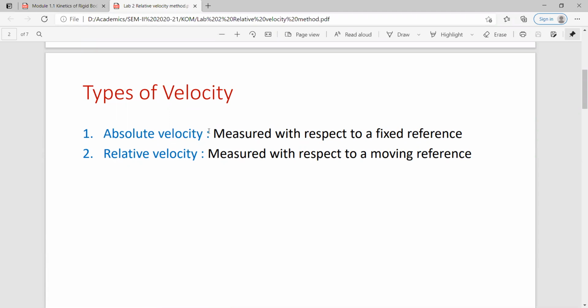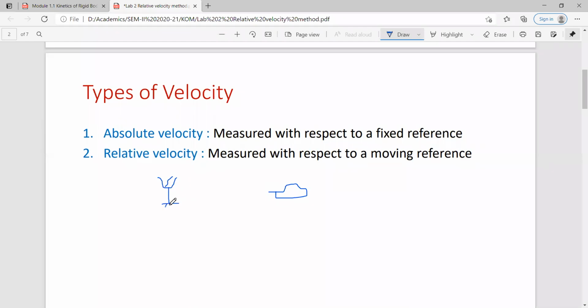What is absolute velocity? If you measure the velocity of any moving object with respect to a fixed reference, it is called absolute velocity. For example, suppose a car is moving, and a tree is standing on the ground, some sort of tree. I'm not good at drawing.